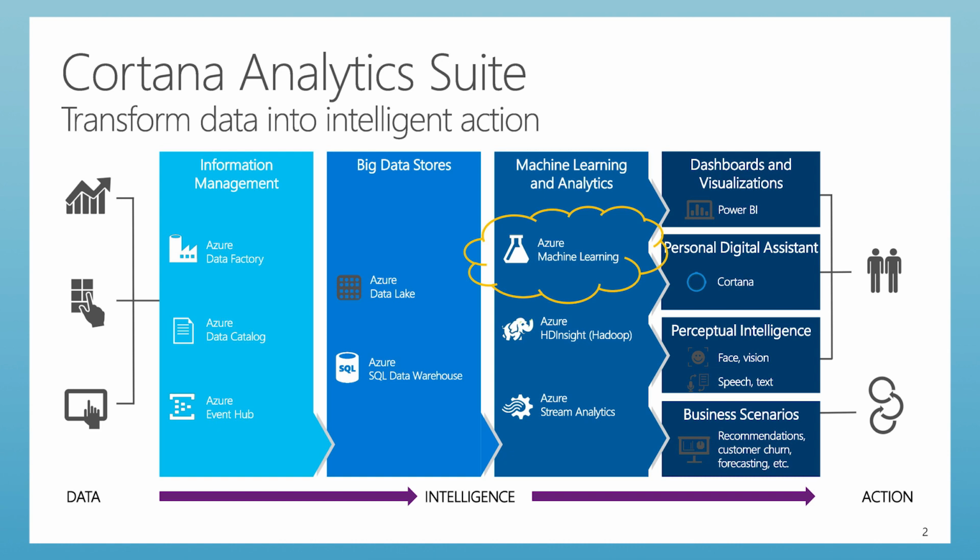Azure Stream Analytics is really good for handling streaming data, or live data streams coming into the system in real time. Then the fourth column on the right-hand side represents the end client, which consumes all these different models or analytic results from the previous stages.